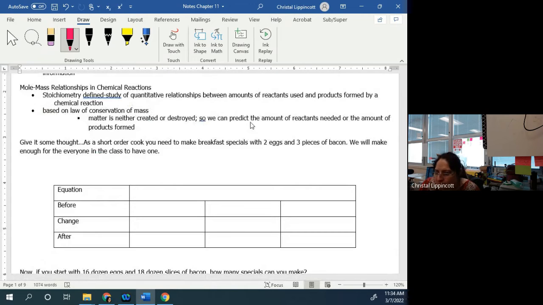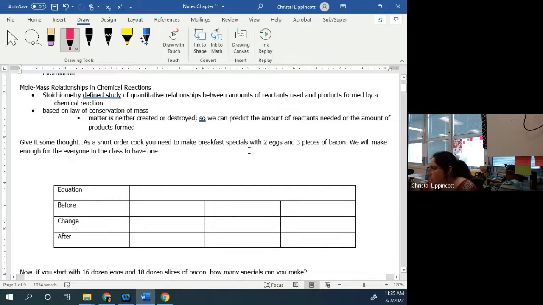Stoichiometry then, the mole mass relationship, you're going to look at the quantitative or numbers relationship between the amount of products and the amount of reactants. And it's based on the law of conservation of mass. And if you remember that, matter can't be created or destroyed. So we can predict how many reactants we need based on how many products we need to form.